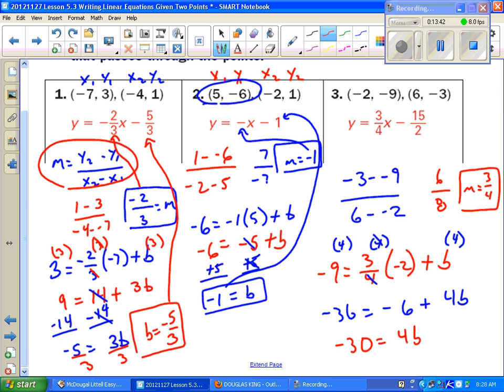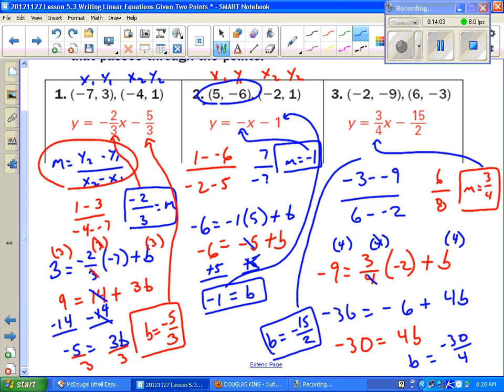And divide by 4 on both sides. So b equals negative 30 over 4, which the number 2 goes into both of them. So we get b's value, I have to put it right here for lack of space, negative 15 over 2. So you have your m value, which is 3/4 x, and your b value we just found, which is negative 15 over 2, so minus 15 over 2.